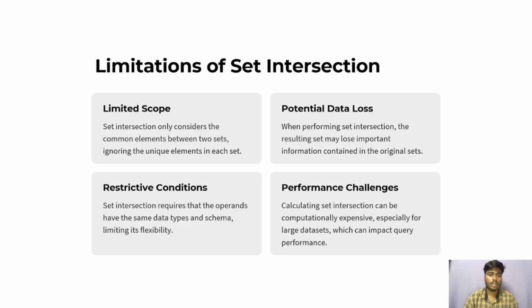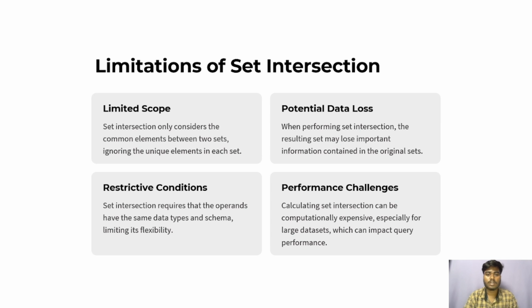Now, let us move on to the limitations of set intersection. Limited scope. Set intersection only considers the common elements between two sets, ignoring the unique elements in each set. Restrictive conditions. Set intersection requires that the operands have the same data type and schema, limiting its flexibility.